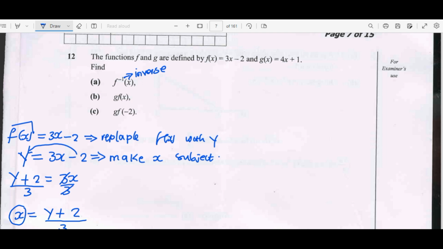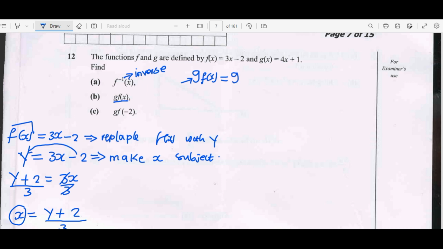Now let's look at our question. If you look at our question, the outside function is g based on the first letter, then the inside function will be f. You write equal sign, then after equal sign, the first letter that you're supposed to write is the first letter here.